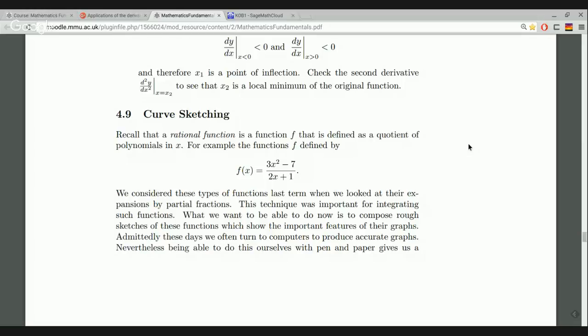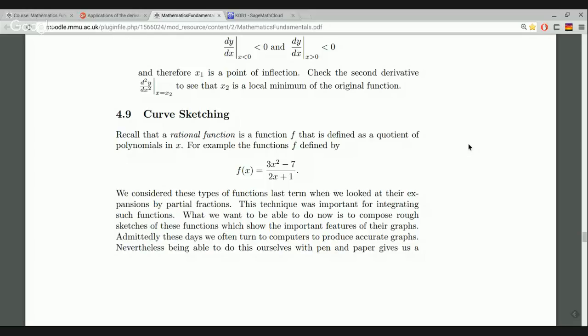Of course, in practice, as you go through your career studying mathematics, you just whack functions into the computer straight away and get the graph and start to look at it then. But I think it's still useful to have some ways to attack it without a computer as well.